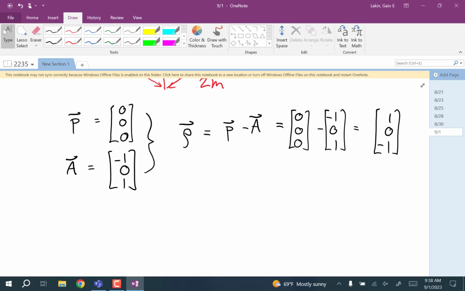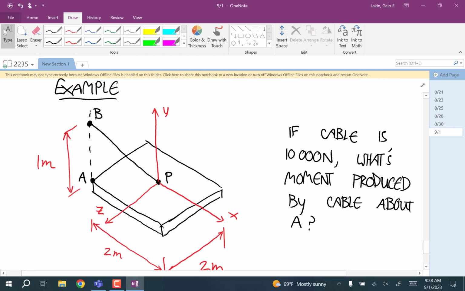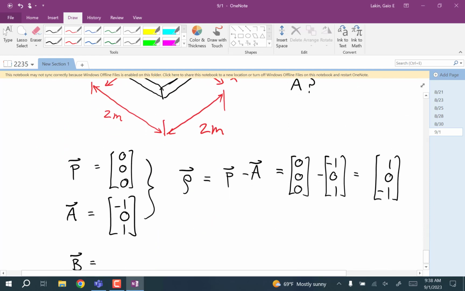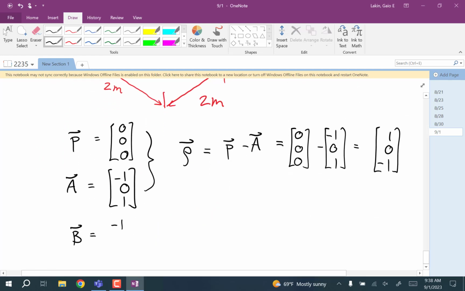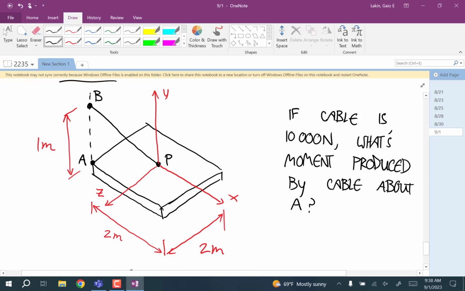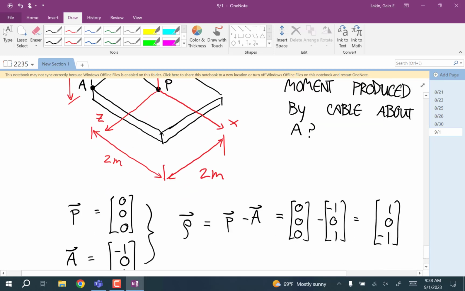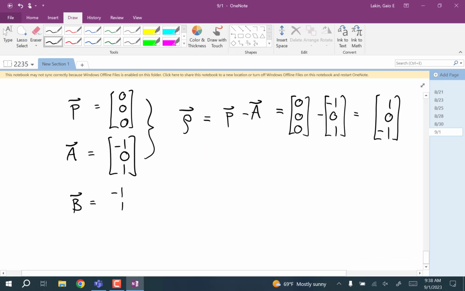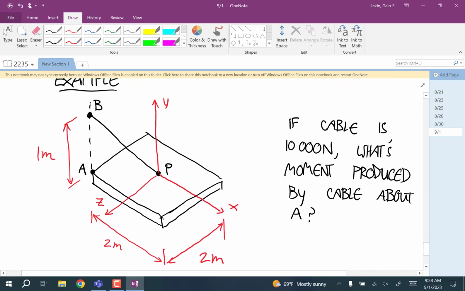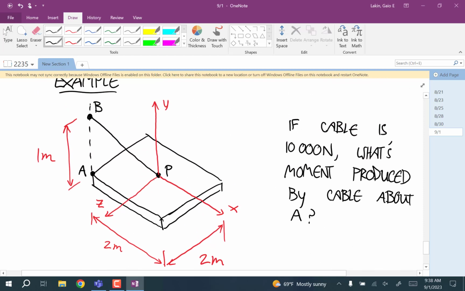Well, let's come up with the coordinates of B. So to get to B, you have to go -1 in the x direction, or 1 in the negative x direction. Then you have to go +1 in the y direction. And then you have to go 1 in the positive z direction.